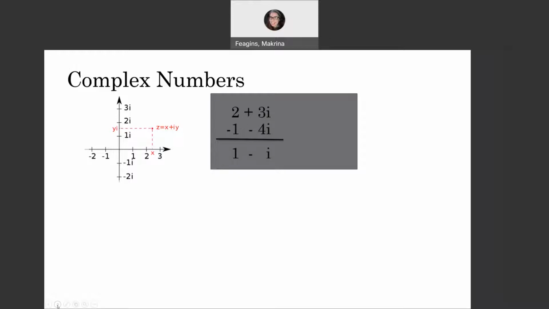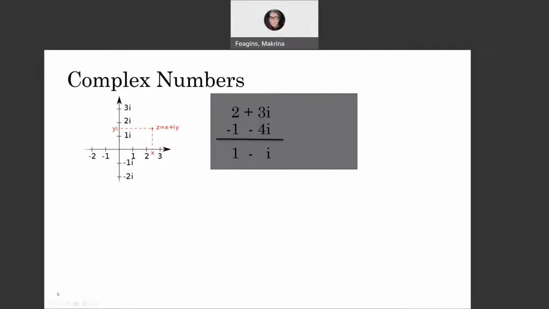But the complex numbers have a real part, which is usually what we use x for. So if you have 2 plus 3i, the 2 is your real part, and the 3i is your imaginary part. On a 2D plane, you have the yi axis and the x axis representing the real portion.